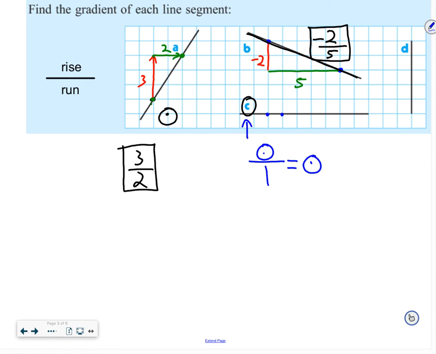We want to be careful with vertical lines, because on vertical lines we have lattice points there, so the rise is 1, but our run is 0. And we cannot divide by 0 in mathematics. So what we call the slope or gradient of a vertical line is undefined. It doesn't have a slope.